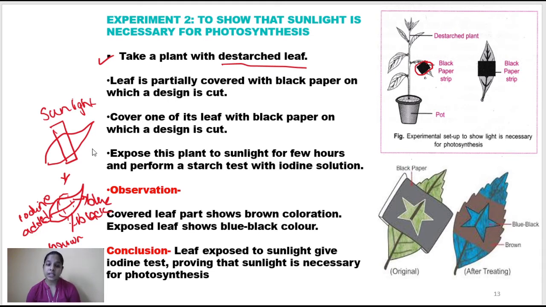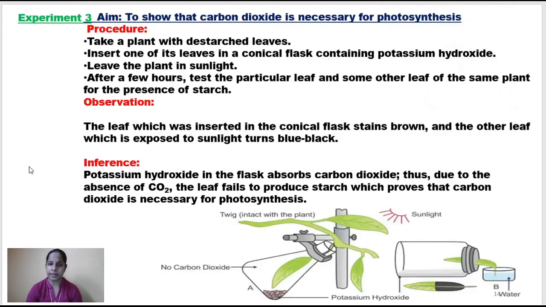But the portion which was not covered was able to absorb sunlight, so there was activation of chlorophyll, photosynthesis took place, and starch was formed, which was indicated by the change of color upon addition of iodine. So we can conclude that sunlight is also essential for photosynthesis to take place.